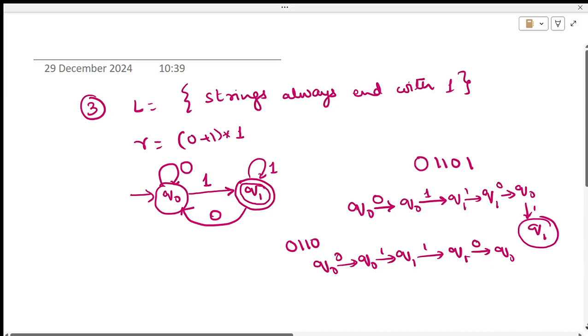We have consumed all the input symbols and the machine has stopped. It stops on Q0, which is not the final state. So we say that this string is not accepted by the machine. Based on the automaton we have designed, it always accepts the strings that end with a 1.